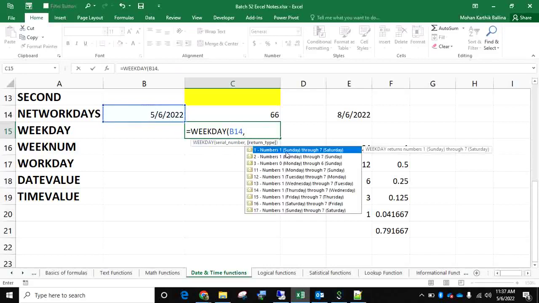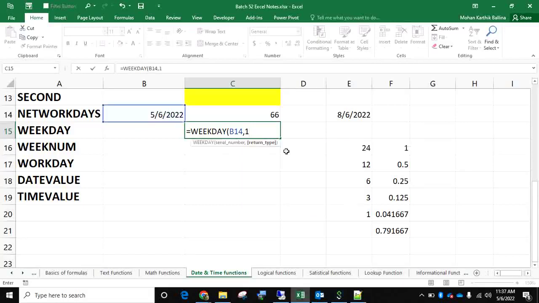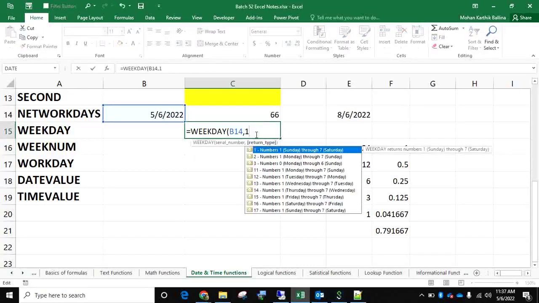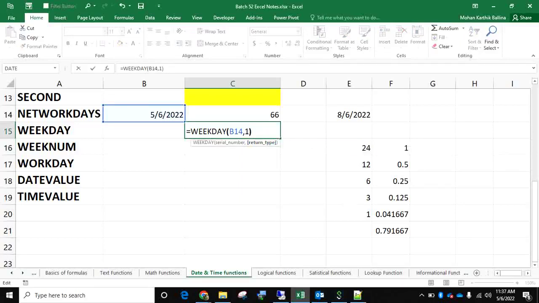See, 1 to 7, Sunday is 1, Monday 2, and so on up to Saturday 7. So you can check that. And today is Friday, which is 6. Just give a number. Okay. Our week starts from Sunday and ends with Saturday. One number is assigned to each day. We don't really use it much, just for understanding. We have this kind of formula also. Okay.